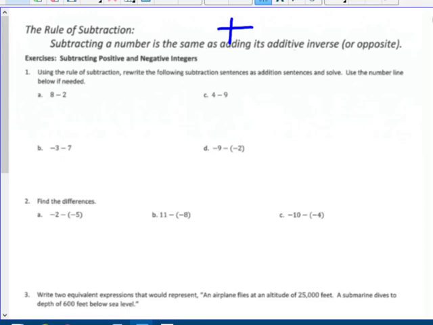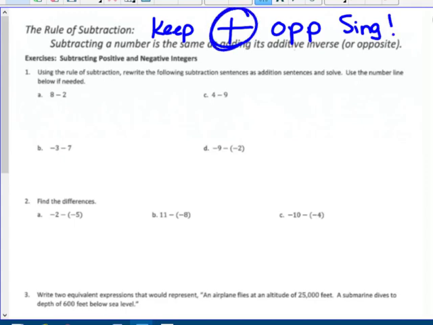So we call it keep, add up, and then I say sing, because we're going back to our adding rules. Subtraction is adding the opposite. Sing. So using the rule of subtraction, it says keep, add up, sing.